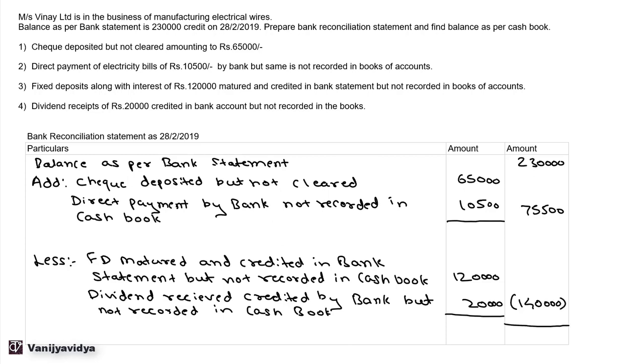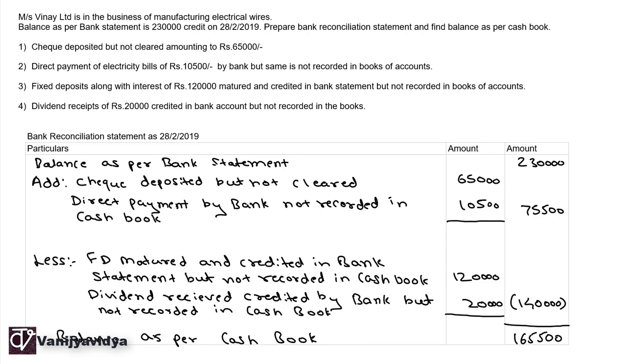So 2,30,000 plus 75,500 minus 1,40,000 comes to 1,65,500. So this 1,65,500 is the balance as per cash book. So this was about how to prepare a bank reconciliation statement when we have a normal credit balance as per bank statement and we have to find the balance as per cash book as on that particular date.